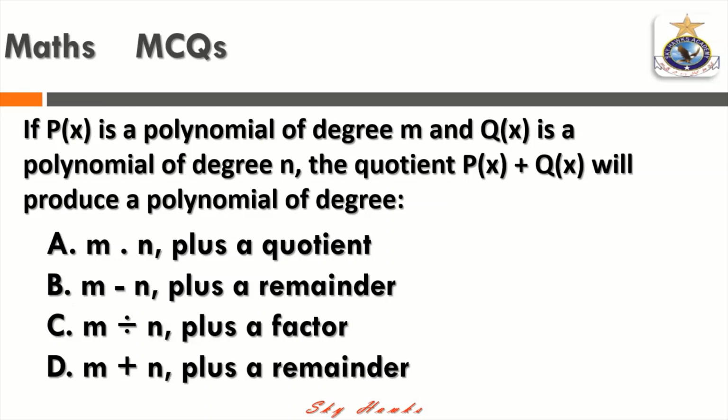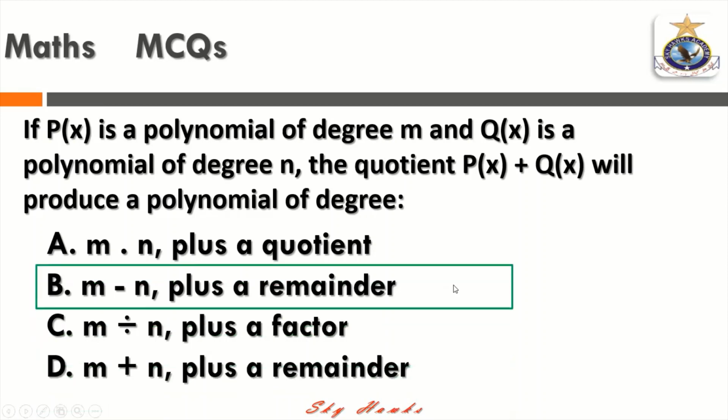So these m and n are the degrees of P and Q respectively. So if you are adding these, what will be the answer? A part, mn plus a quotient. A option, m into n plus the quotient. That's the second one. Because m in plus a remainder.